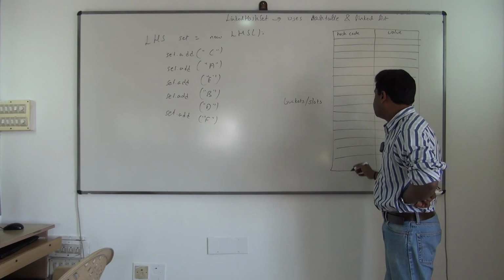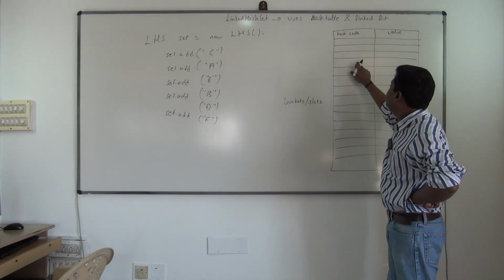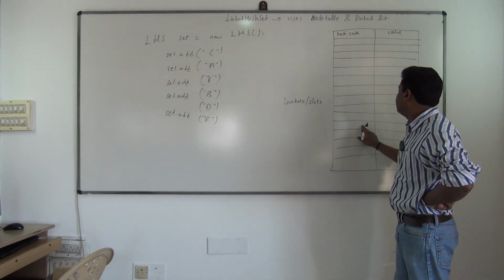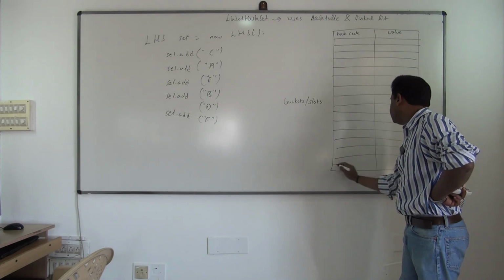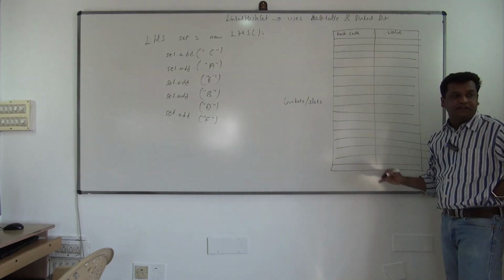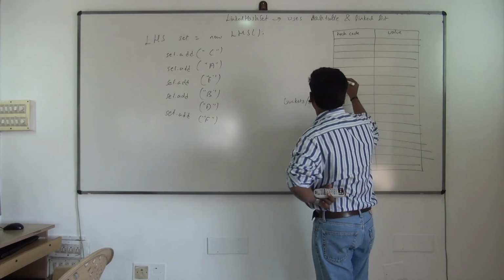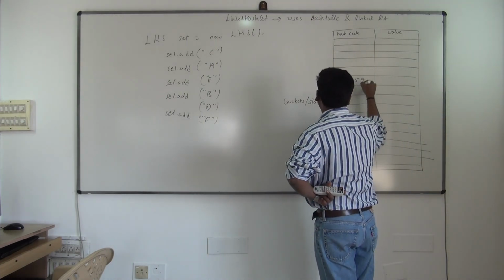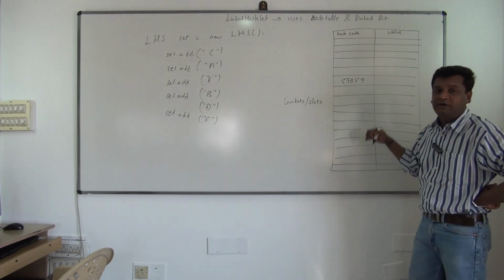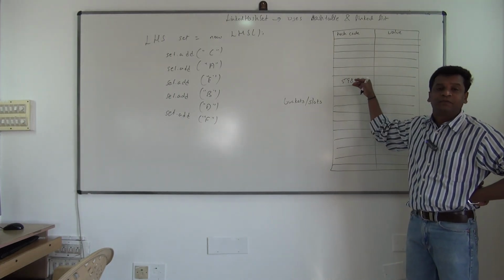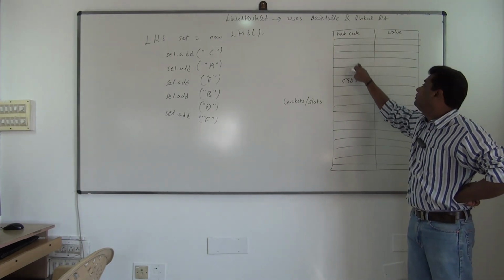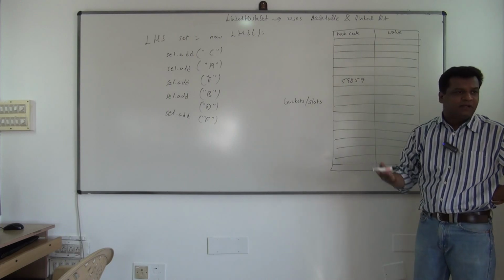Okay, so assuming the 16 slots or buckets are 1, 2, 3, 4, 5, 6, 7, 8, 9, 10, 11, 12, 13, 14, 15, 16. If the hash code of C is something like 59859, it decides to put that element in some slot, say slot 6. They have their own algorithms.